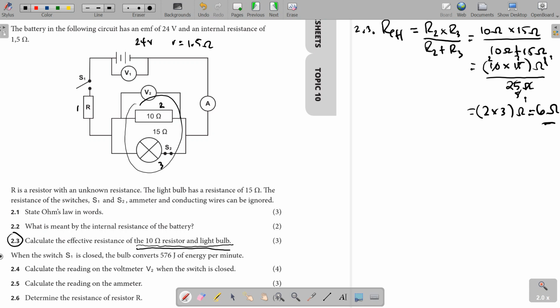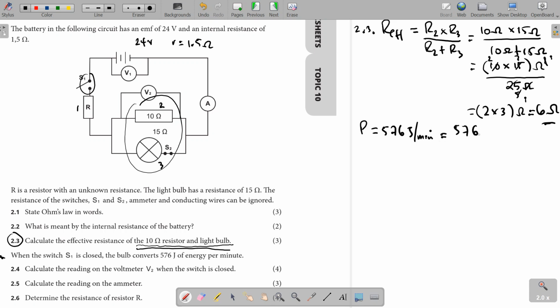And they're saying here that when the switch is closed, the bulb converts 576 joules of energy per minute. Okay, so before we solve 2.4, they're telling us that the power across the bulb when the switch, this S1, is closed, is 576 joules per minute. But you remember power is in watts, so we need to convert the minutes to seconds.